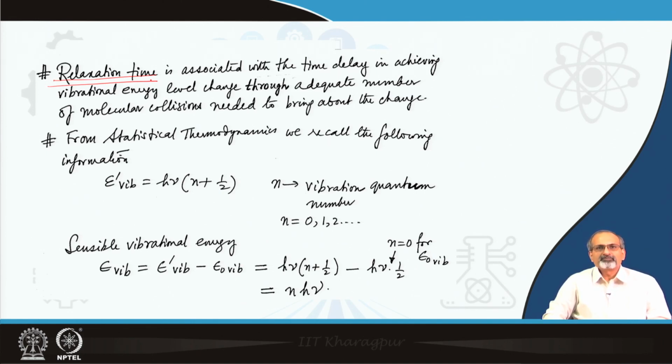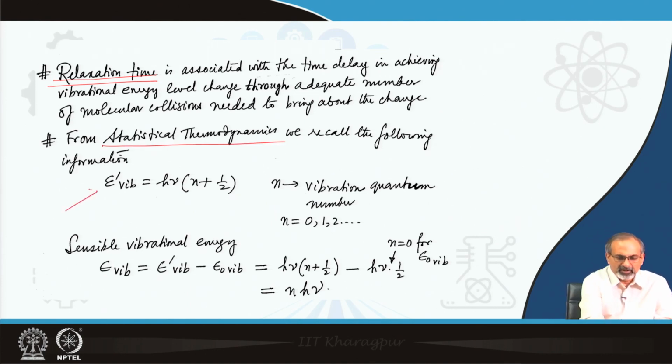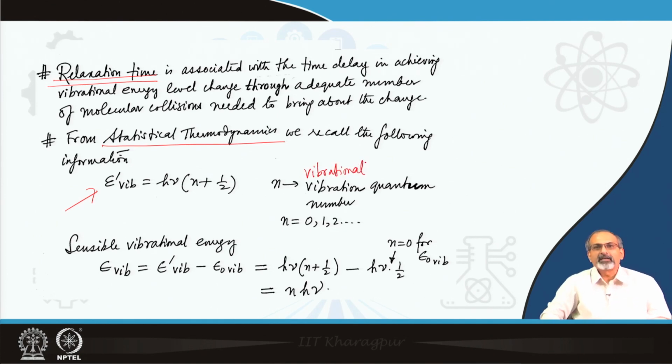We will now recall some data from statistical thermodynamics, which we have mentioned earlier, but it is a good time to recall it, where we talk about epsilon dash vibrational given by h nu times (n plus half), where n is the vibrational quantum number, and the quantum number can vary from 0, 1, 2 onwards.